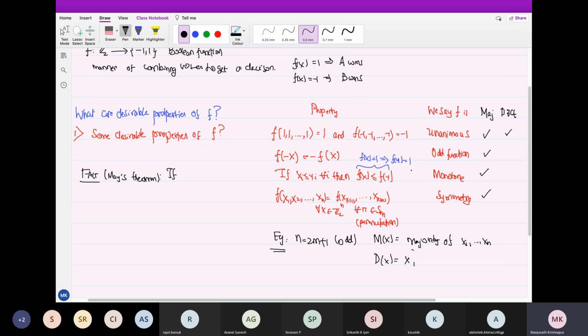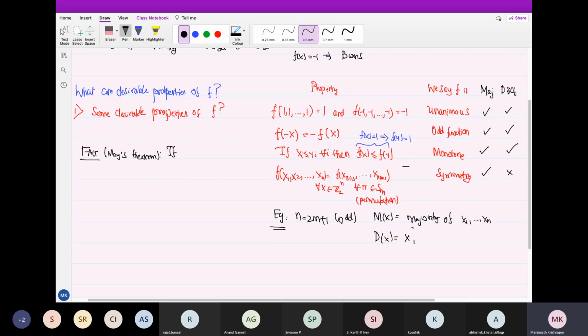So this is okay. Is it odd? If everyone flips, then the dictator also flips. Is it monotone? Yes. If x_i is less than or equal to y_i, only x1 and y1 matter, and the decision is just x1. What is lacking there is the symmetry property, because everyone is not treated equally. One person is special.